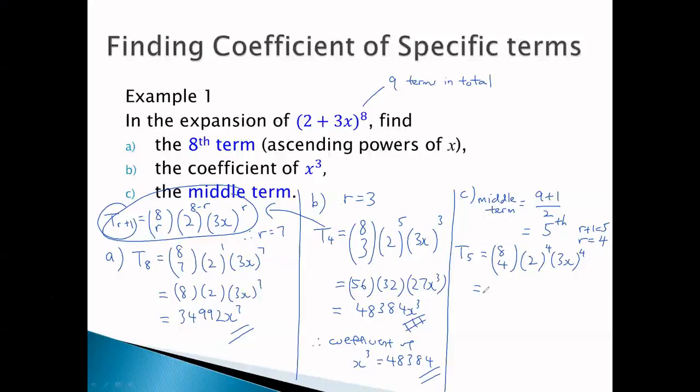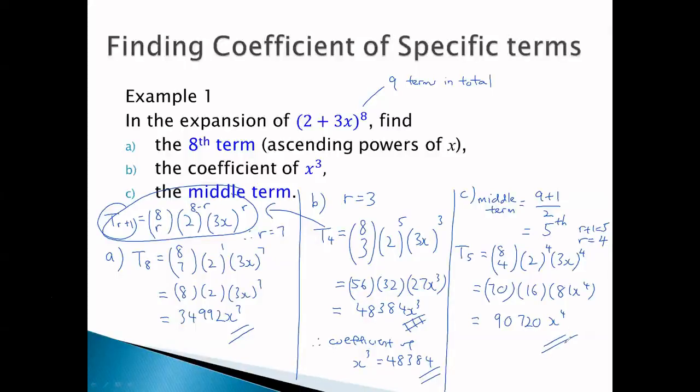So 8 choose 4, I'll get 70. 2 to the power 4 is 16. 3 to the power 4 is 81. And let's simplify. 70 times 16 times 81. I'll get 90720 x to the power 4. Okay, and there you go.